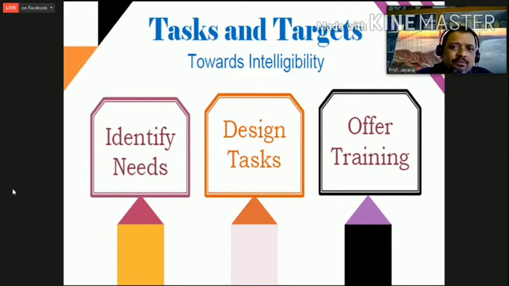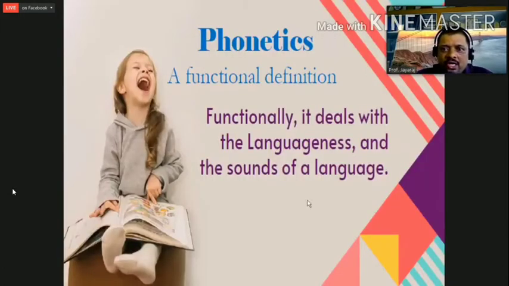Right, let us move further. I think one more teacher is going to reflect upon certain important aspects, but this morning I would like to draw your attention to segmentals. When I say, on the previous slide, the functional definition, languageness, where rhythm, intonation, prominence, and voice quality are very crucial, languageness refers to those things.